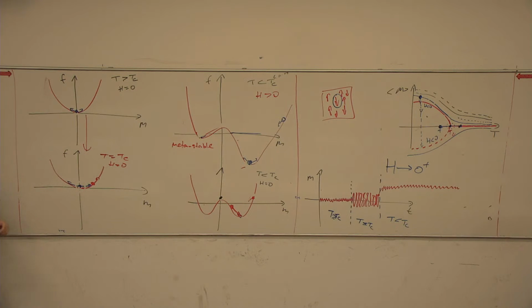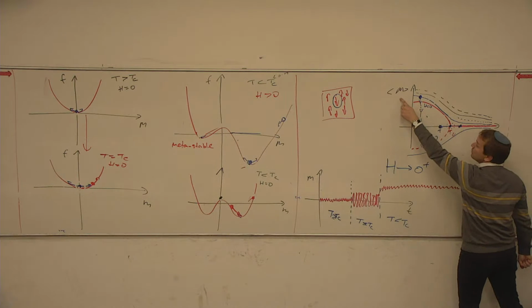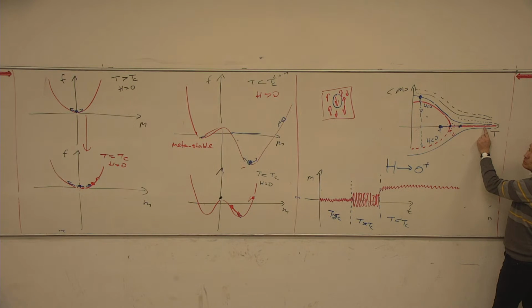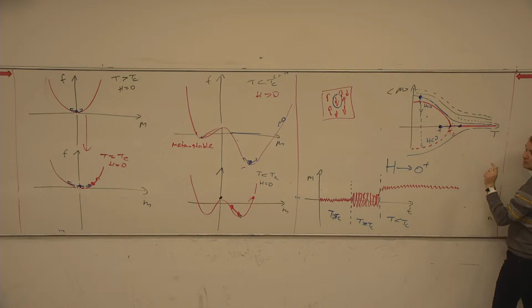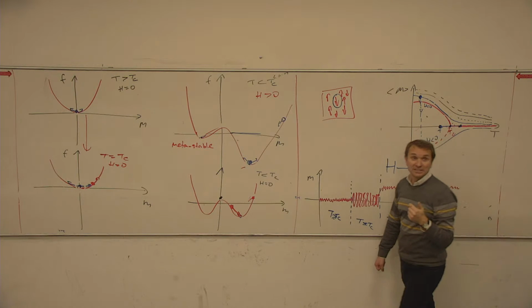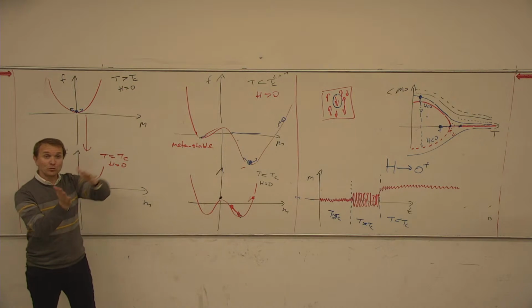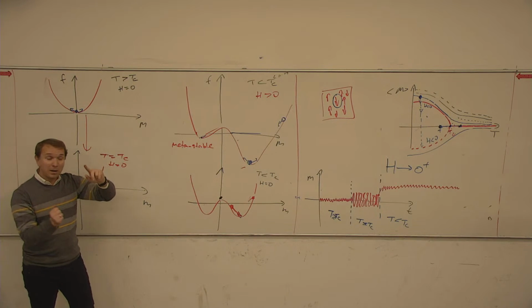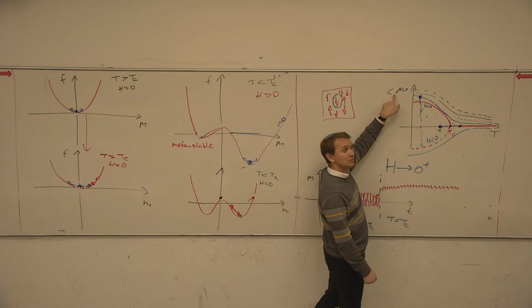For example, if we cross this line and take the derivative of m with respect to T, we will see that it's 0 over here and it's not 0 on the left hand side. So this is also why it's called second order. The observable itself does not perform any jump, but its derivative is going to perform a specific jump.